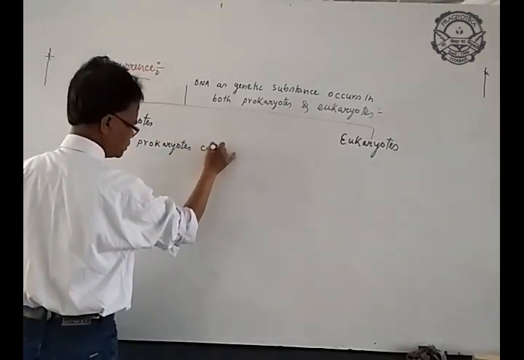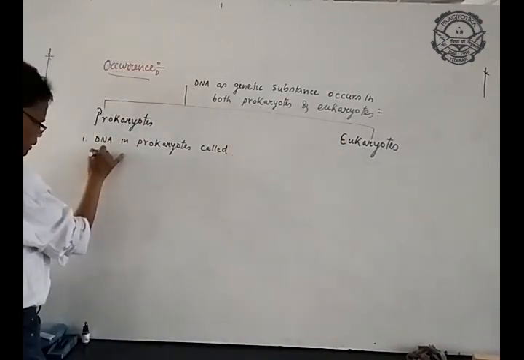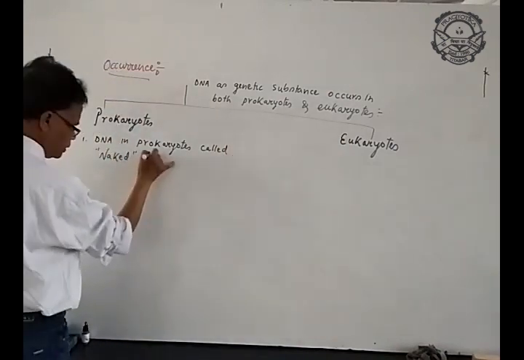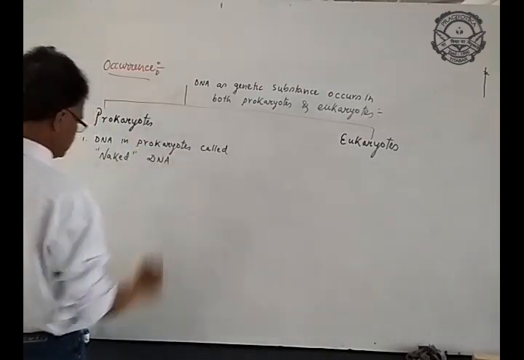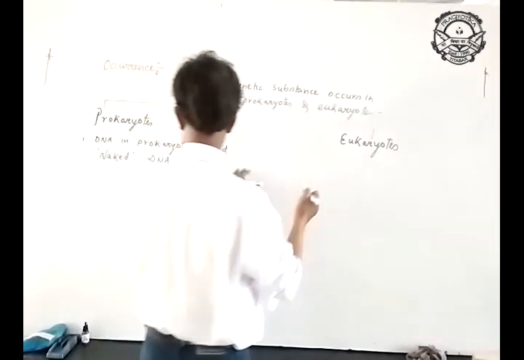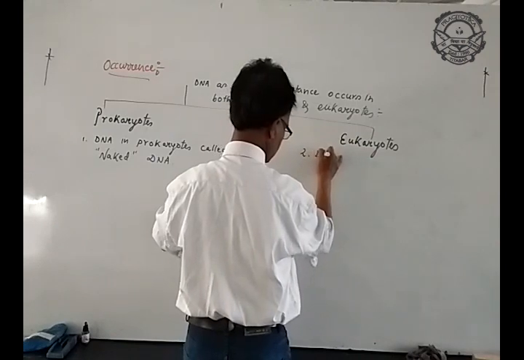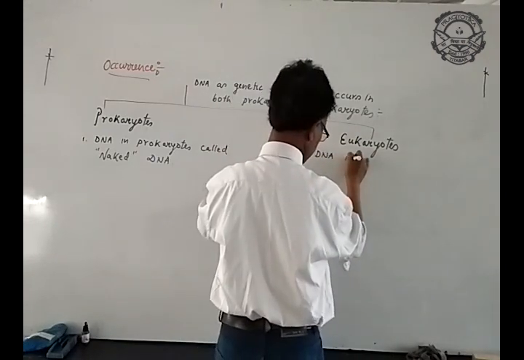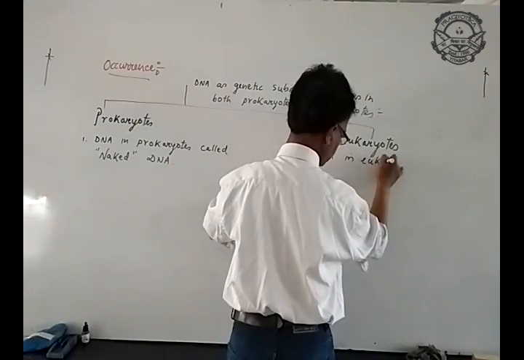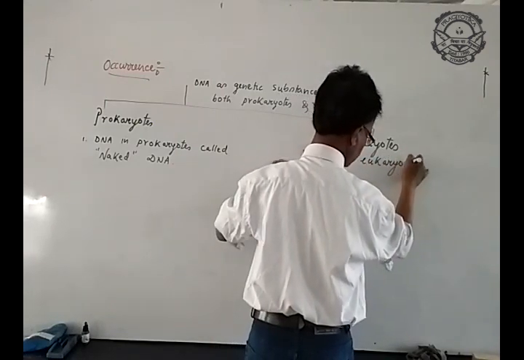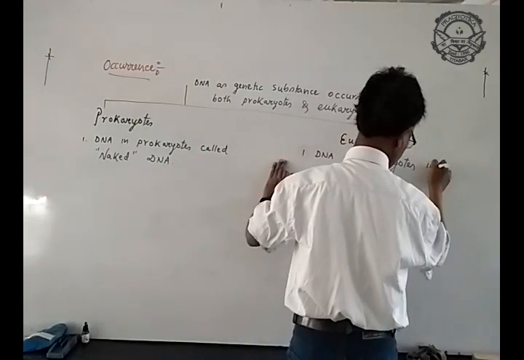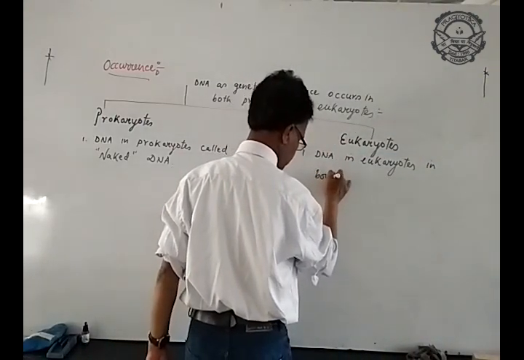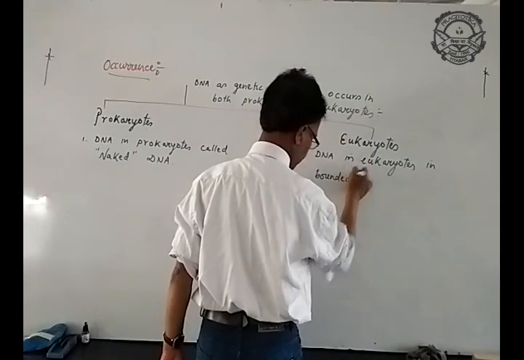In comparison to eukaryotes, the DNA in eukaryotes is bounded DNA, not naked DNA.